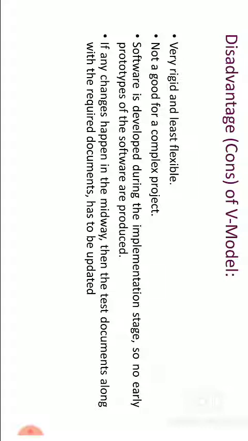If suddenly any change occurs in the application, the changes have to be made on the testing side and the development side also. That is the last point of the discussion.